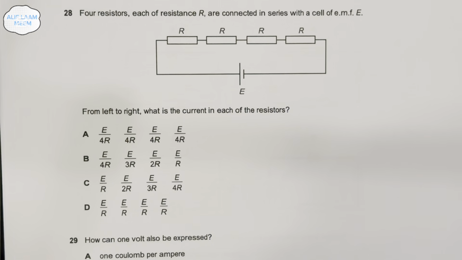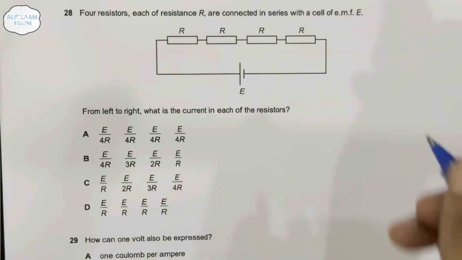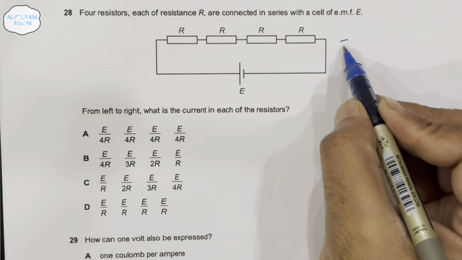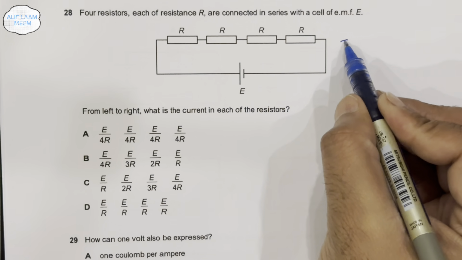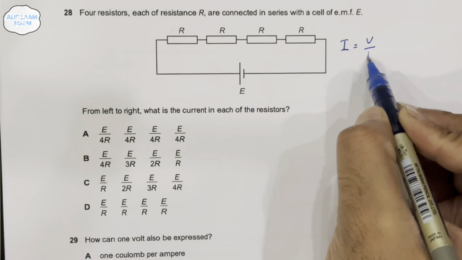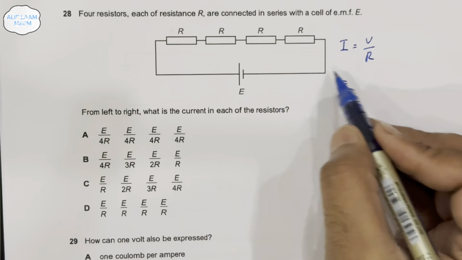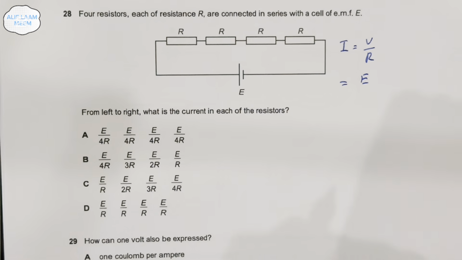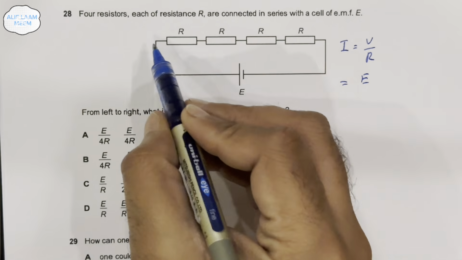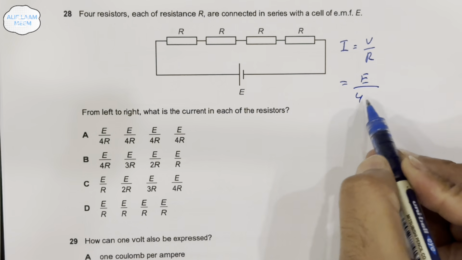Moving to question number 28. Again, this is a very tricky question. Four resistors, each of resistance R, are connected in series with a cell of EMF E, from left to right. What is the current in each of the resistors? We know that in a series circuit the current would remain the same, and the formula is I is equal to V by R. Here V is E, and the combined resistance in series is obtained by adding those four Rs, so it would be 4R.